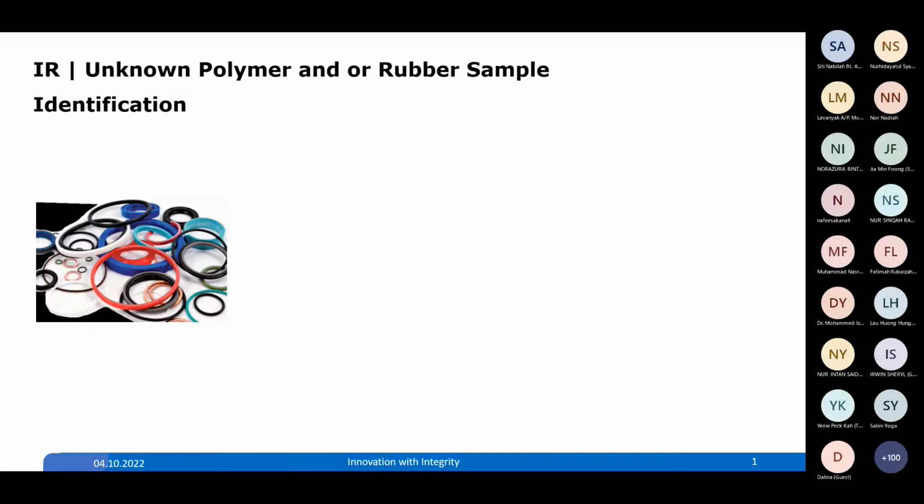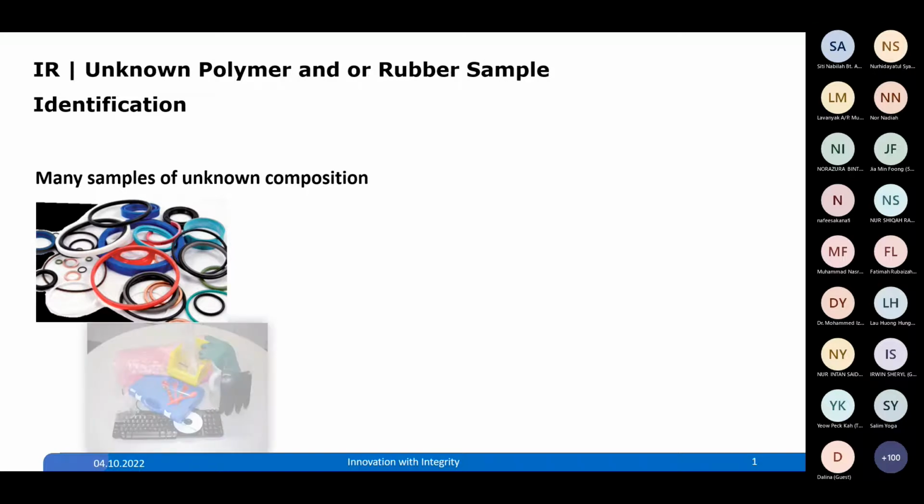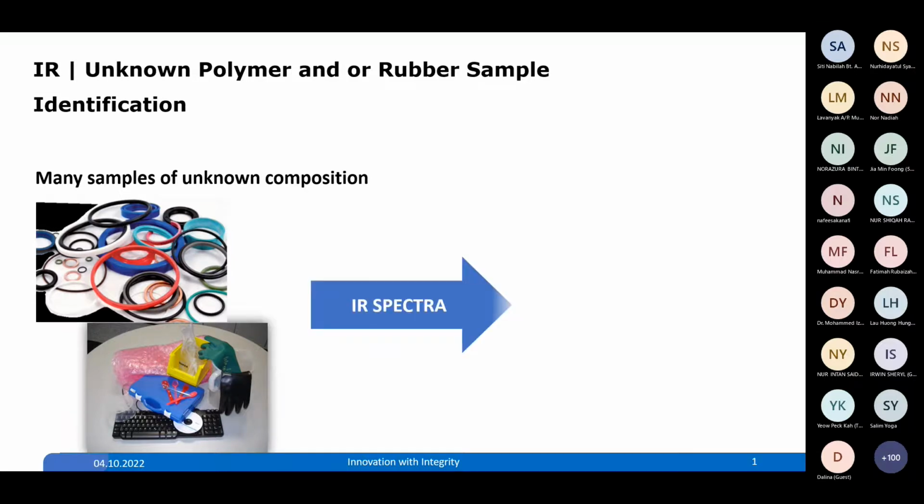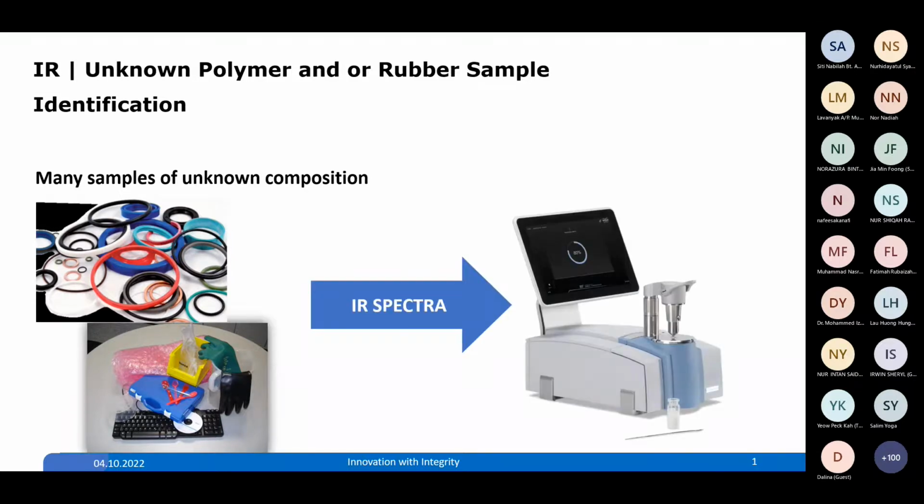FTIR spectroscopy is widely used for raw material identification. For example, if you have a lot of unknown samples, whether polymers or rubbers, you can easily identify them with FTIR spectroscopy.